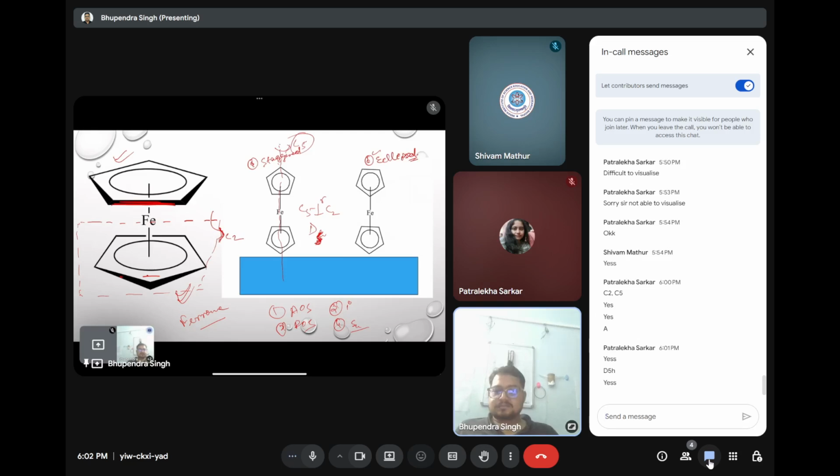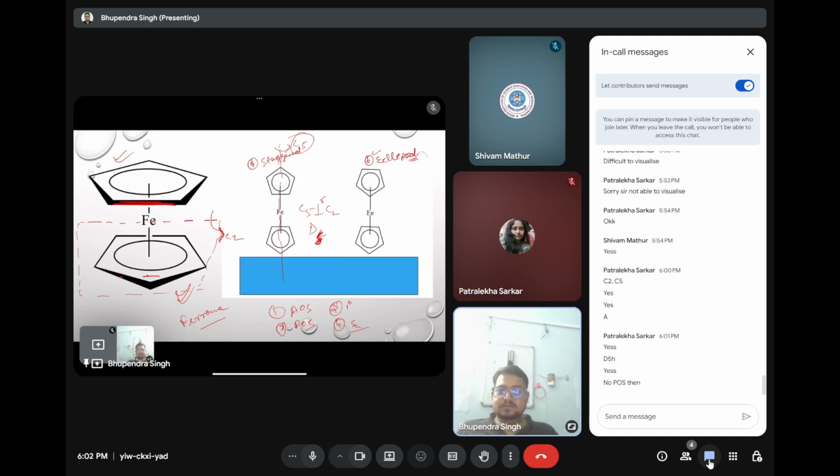A plane of symmetry is present, but sigma h is not present. Sigma v might be present. Now try to find out whether sigma v is present or not.